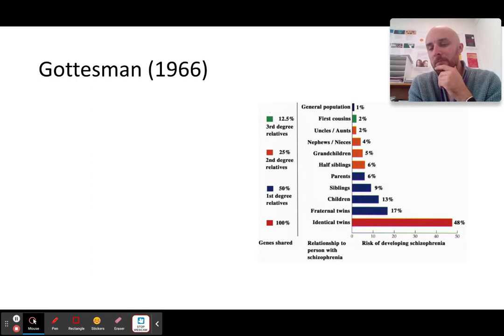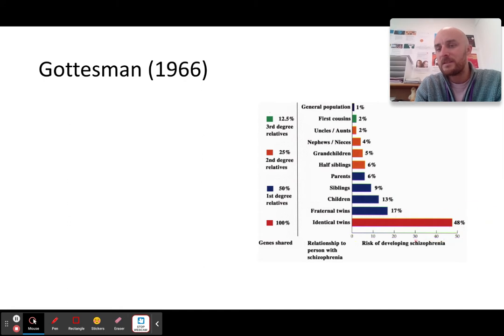However, if your MZ twin, your identical twin, gets schizophrenia, you share 100% of your genes. So if schizophrenia was entirely genetic with no influences, if your identical twin got it, whom you share the exact same genes with, you would have 100% chance of getting it, but you don't.